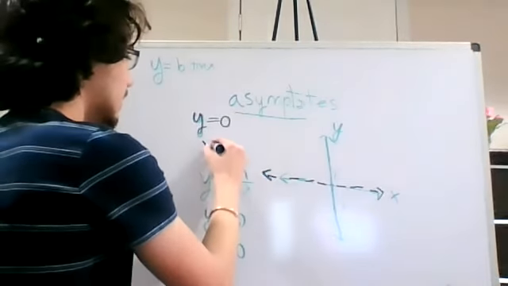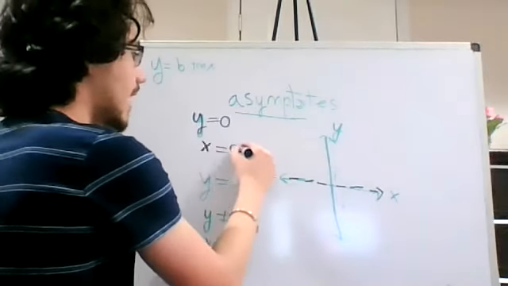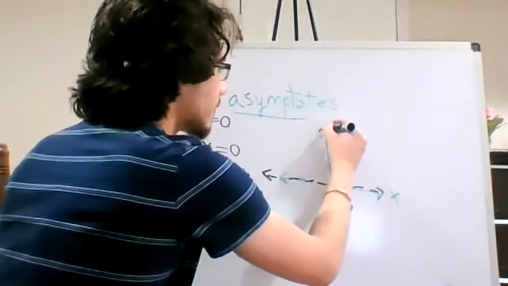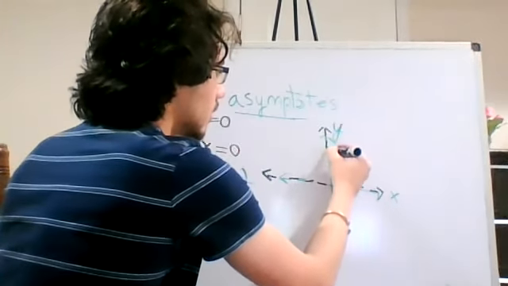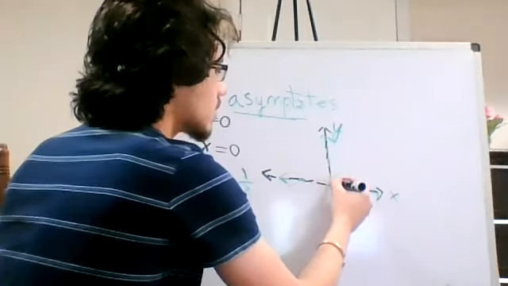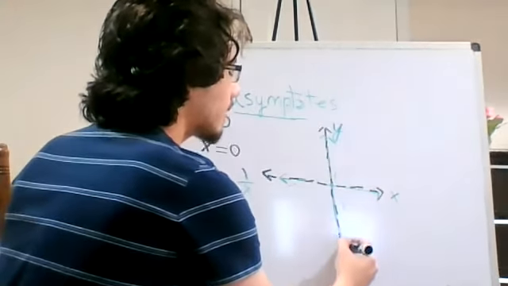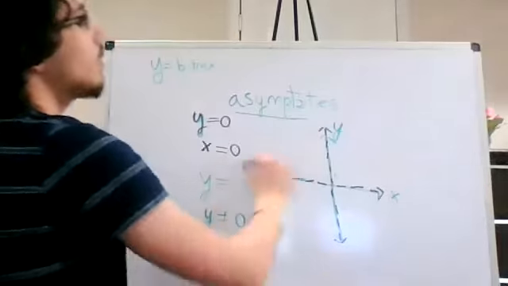So if we went further and we said if x was 0, this would be all of the y-axis. Y equals 0 and x equals 0 are actual lines that we can plot on the graph. And they will look like this.